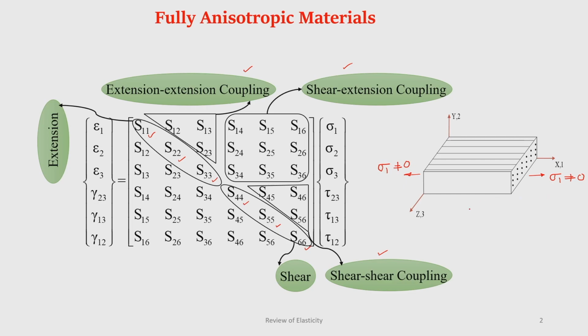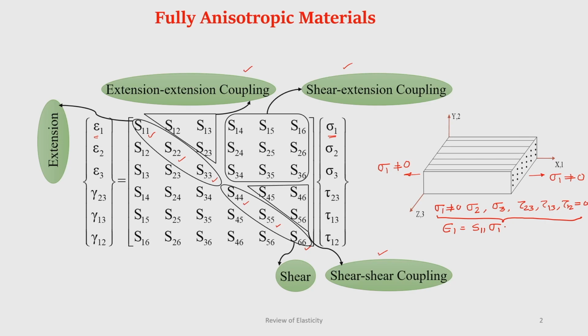So, this will lead to all other stresses, say sigma 2, sigma 3, tau 23, tau 13, tau 12, all others are 0, only sigma 1 is not equal to 0. But as you can see from this compliance matrix, because of the existence of sigma 1, there will be epsilon 1. What will be that epsilon 1? Epsilon 1 will be equal to S11 sigma 1.